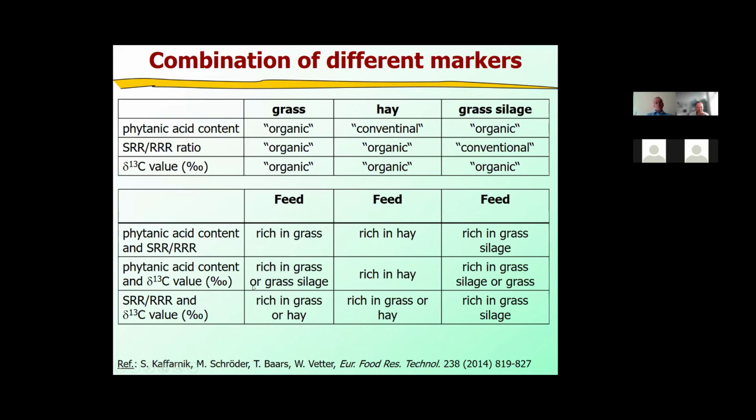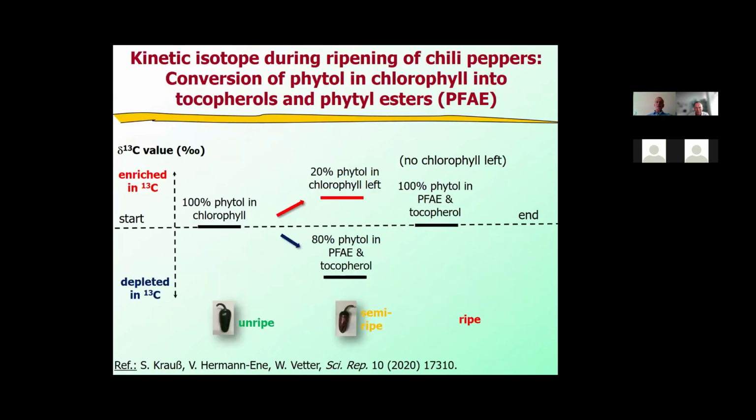Depending on these two factors, we can say that the feed was rich in grass, or rich in hay, or rich in grass silage. And to go back, grass silage is something considered not very good for organic farming. But if you have the delta value, if you are feeding grass silage, it will look like an organic sample. So the more data you have, the more detailed things you can say about the sample.